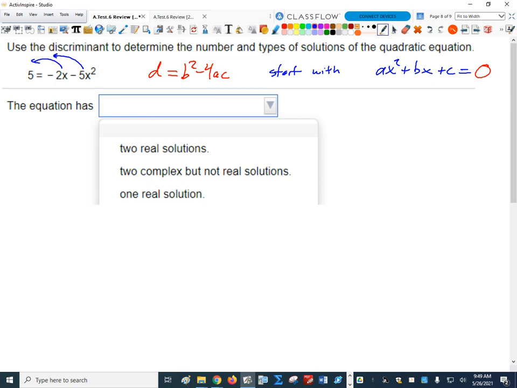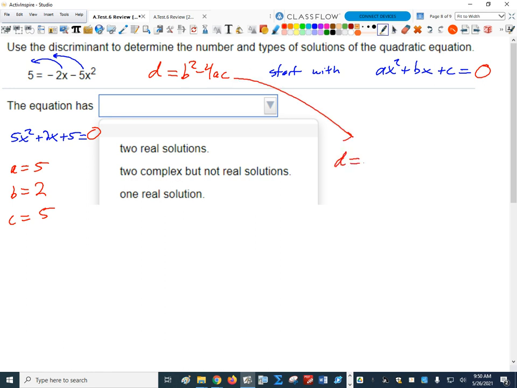So we'll add 5x squared to both sides, and we'll add 2x to both sides. Then we've got our quadratic equation in standard form. And so now we can see that a is 5, b is 2, c is 5, and we can calculate the discriminant.